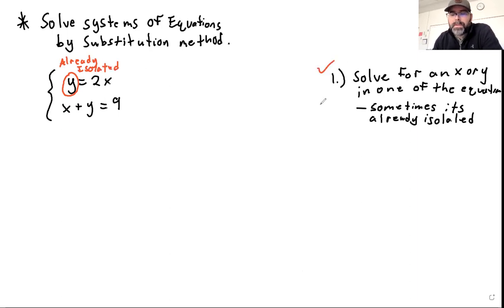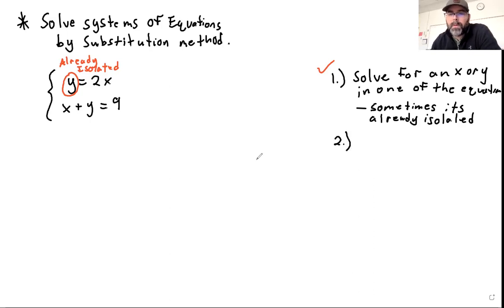So we can skip the first step. We don't need to solve for an x or y in one of the equations because it's already done for us. It's just set up nicely in this system. All right, so let's look at the next step.